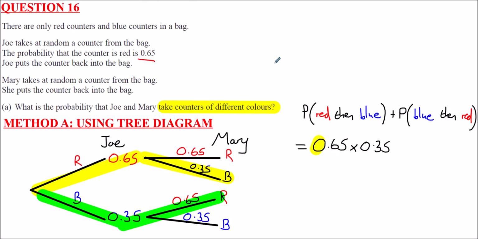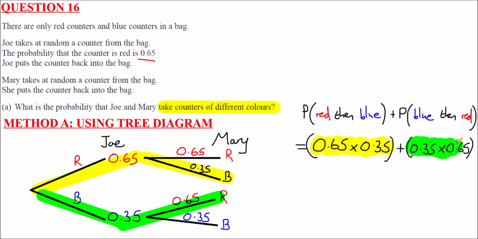Or the second option is Joe picked a blue first, which is a 0.35 chance, and multiply, then Mary picked a red, which is a 0.65 chance, which is represented by this green highlighted route at the bottom.